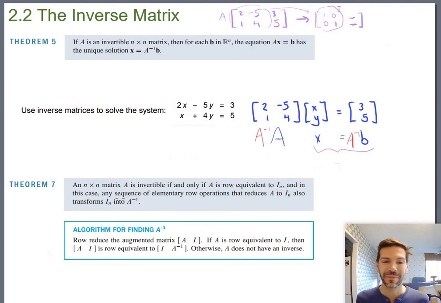And the sequence of row operations that reduces A to the identity, so whatever it takes to go from [2, -5; 1, 4] to the identity, is also what will turn the identity into the inverse, which gives us a way of finding the inverse. It's saying whatever you have to do to A to get it to I is the very same thing that would turn I into the inverse.